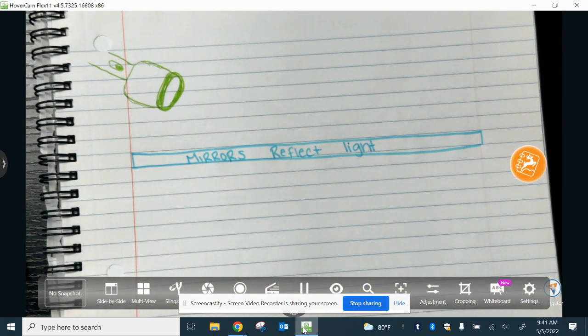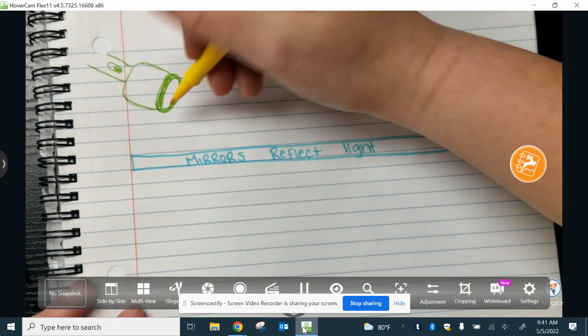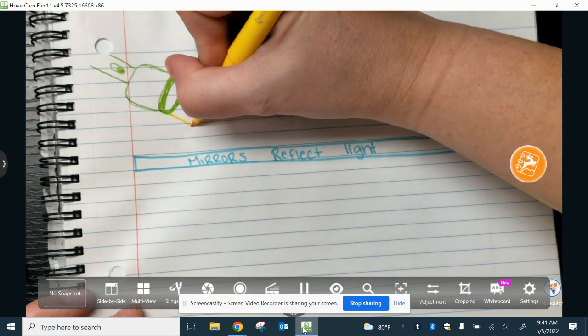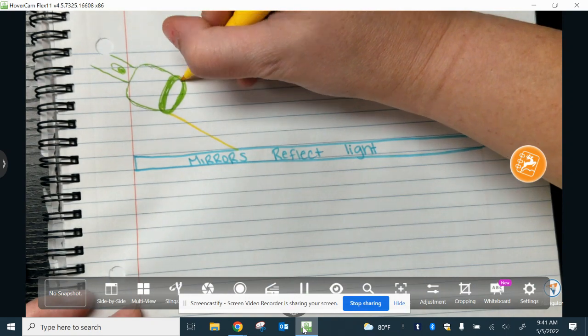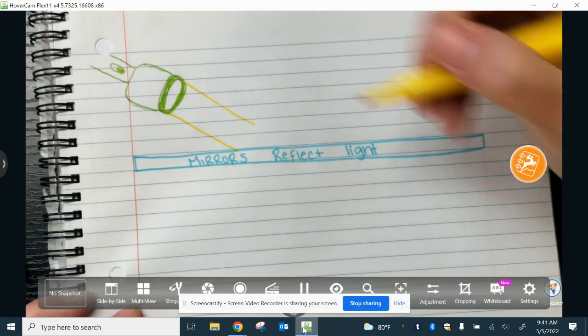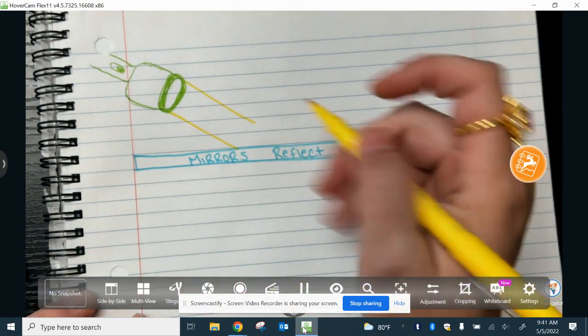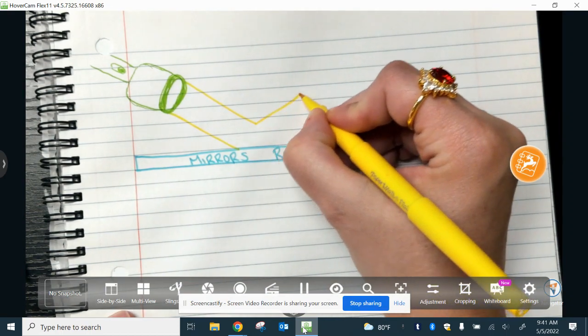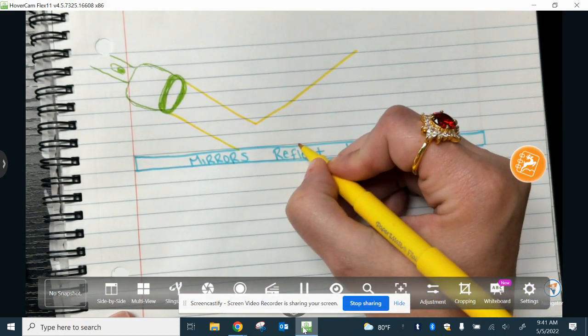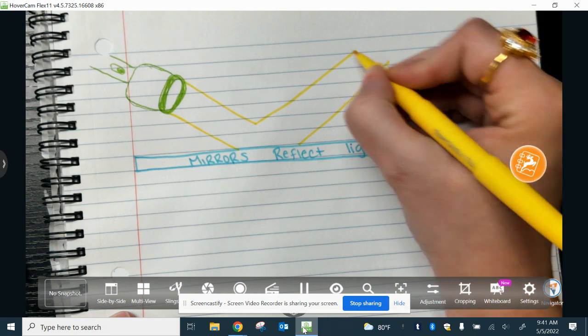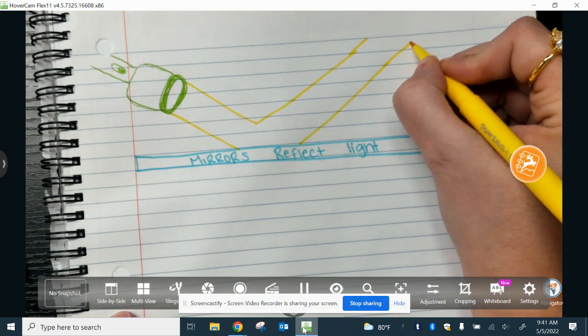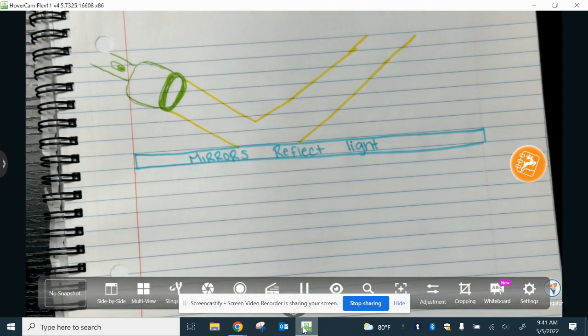Okay. So I'm going to draw that. My light from my flashlight. It's going to hit here. It's going to bounce off, because that's what light does on a mirror.